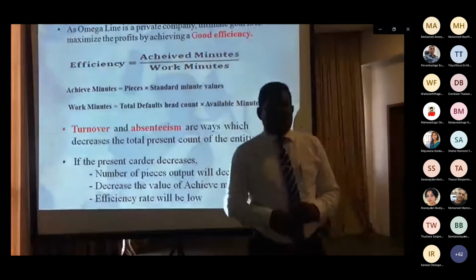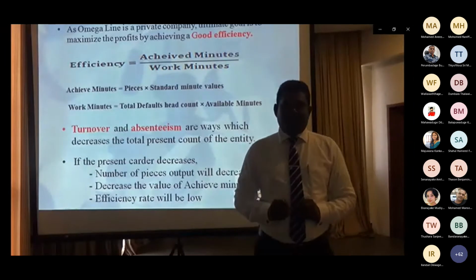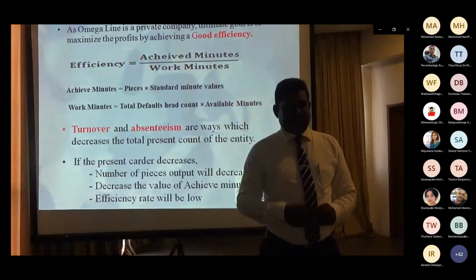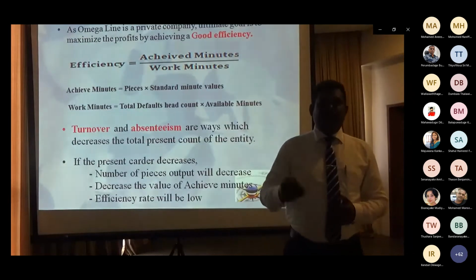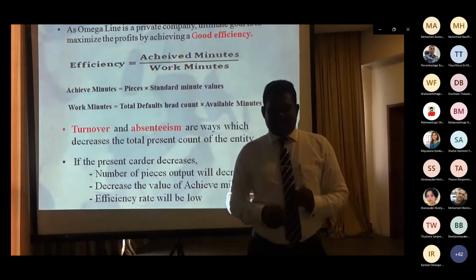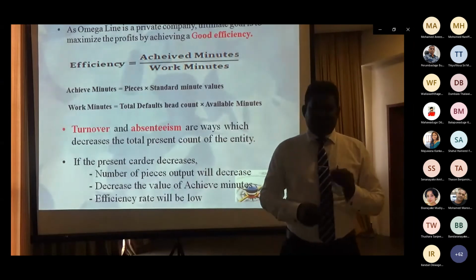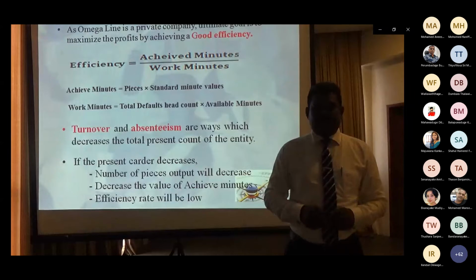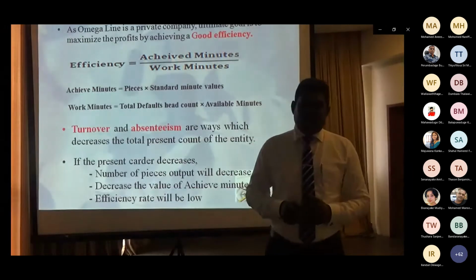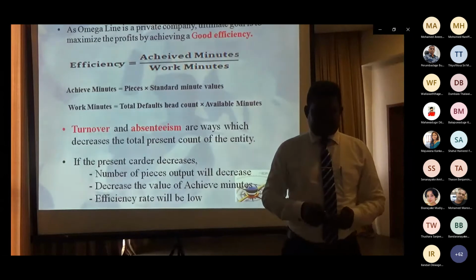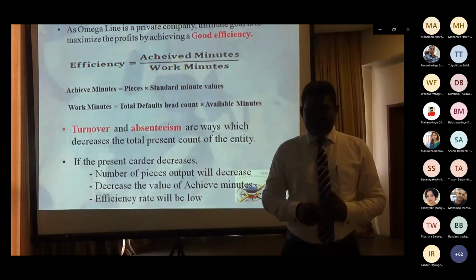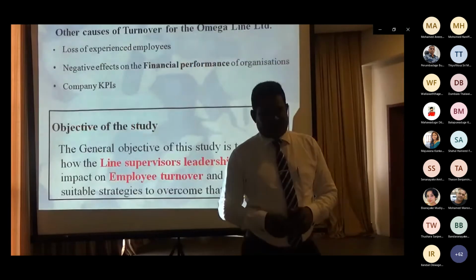Problem justification. Omega Line is a private limited company based on profits, achieving good efficiency. How do they calculate efficiency? Achieved minutes divided by the work minutes. Turnover and absenteeism are ways which decrease the total present count of the entity. If the present count decreases, the number of pieces output will decrease, the value of the achieved minutes will decrease, and efficiency rates will be low.